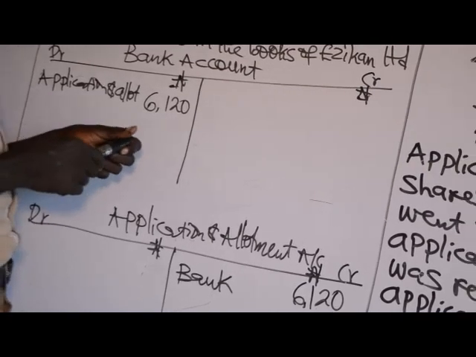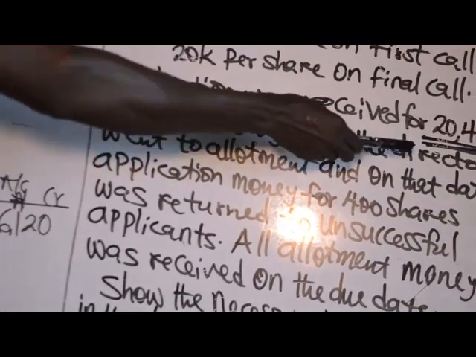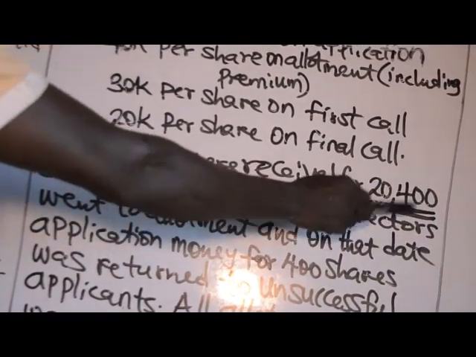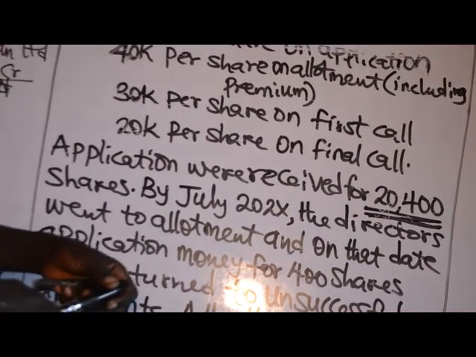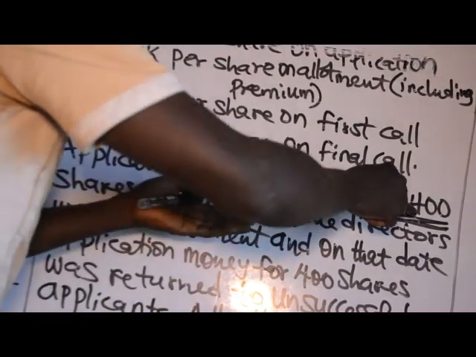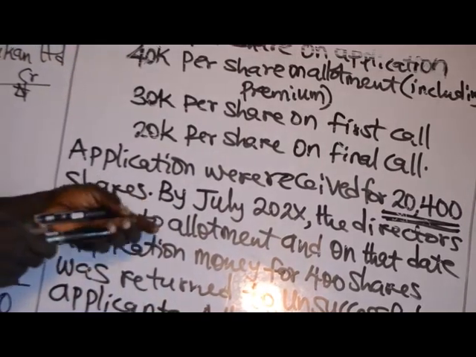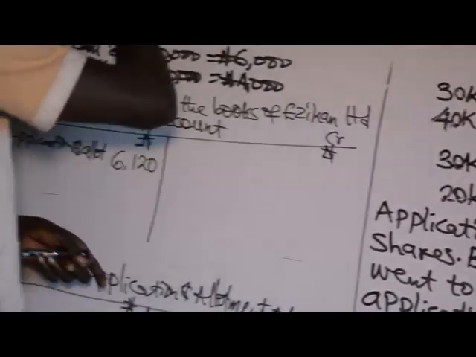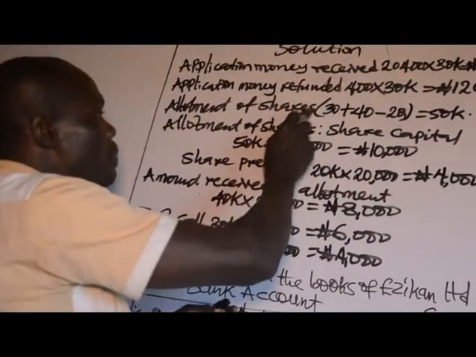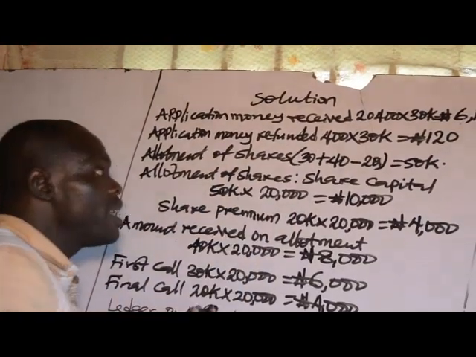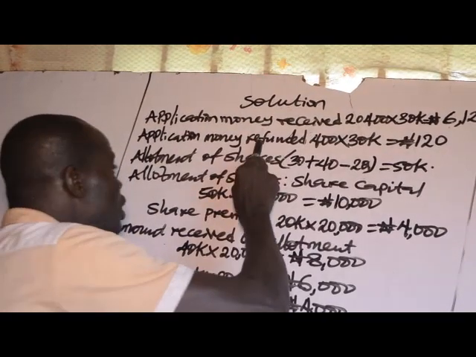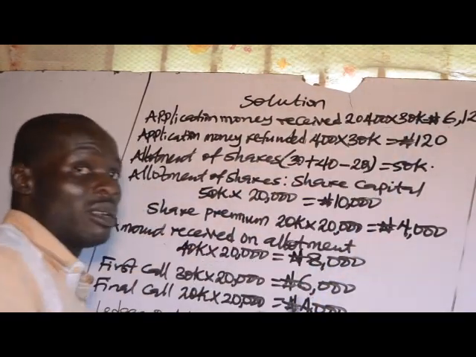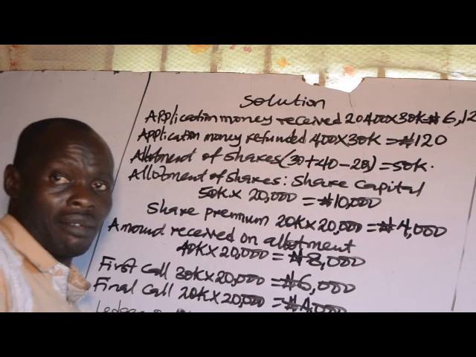We said excess application money for 400 shares was returned to the applicants whose applications were not successful. Upon the refund of excess application money, the company bank account is the one paying out the money. So that shows that the bank is the giver while the applicant will be the receiver.